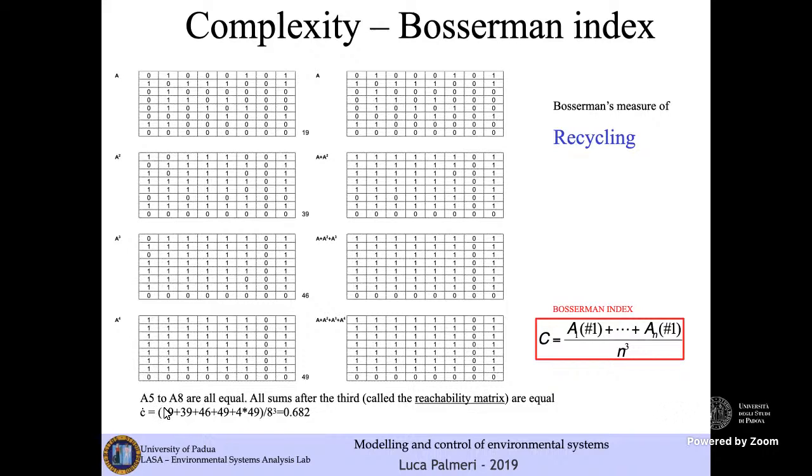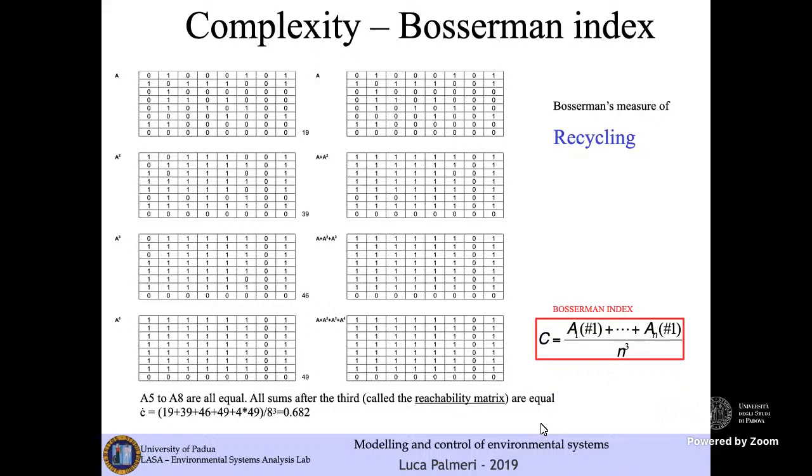When you realize that subsequent powers are all equal, so in this case, A5 to A8, the 8th power of the adjacency matrix, are all equal, then you stop. That is called the reachability matrix.